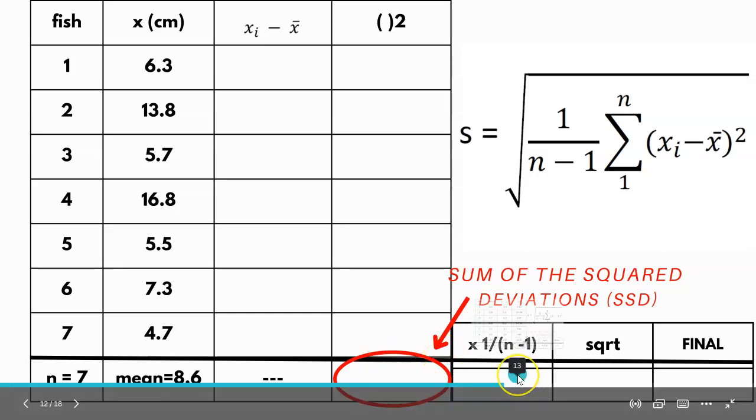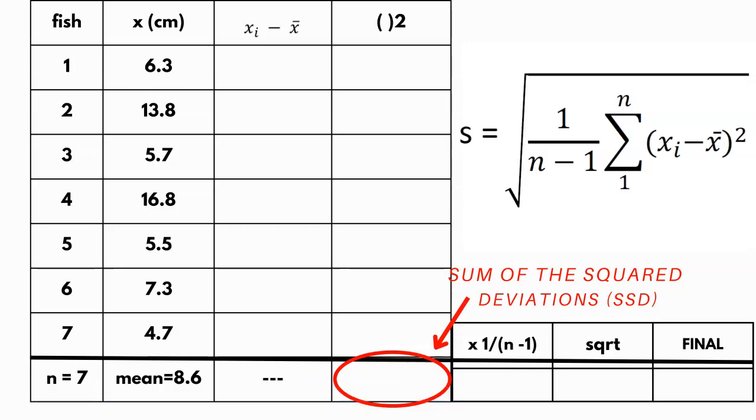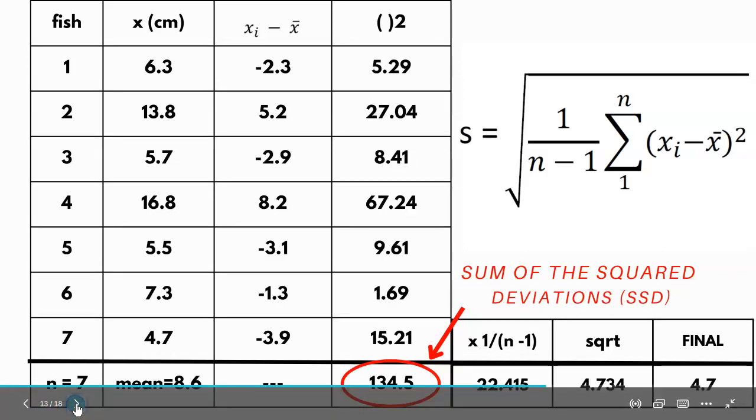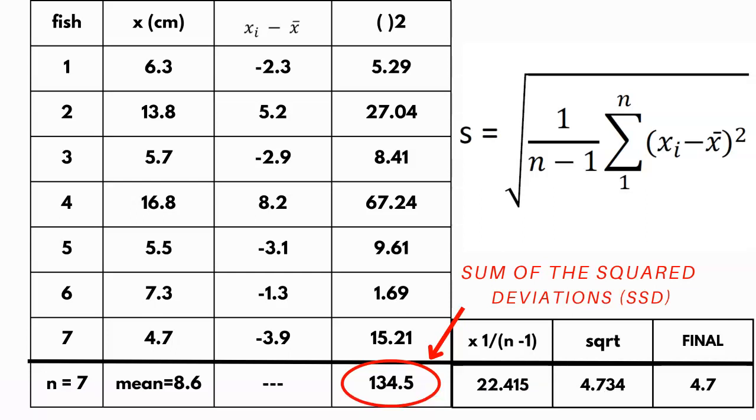Then multiply times 1 divided by n minus 1. Then take the square root. The answer you write down will probably have too many digits, so your final step is rounding off to match the digits in your data set. Here's what we get for these data. Pause to make sure you get the same numbers with your calculator.